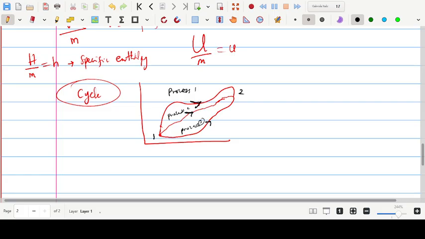So what is now a cycle? A cycle is a process or series of processes whose end point is equal to the starting point. So you move like this, you go, then you come here, then here.